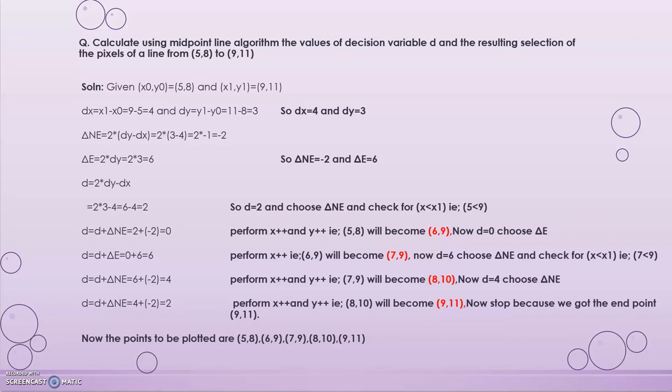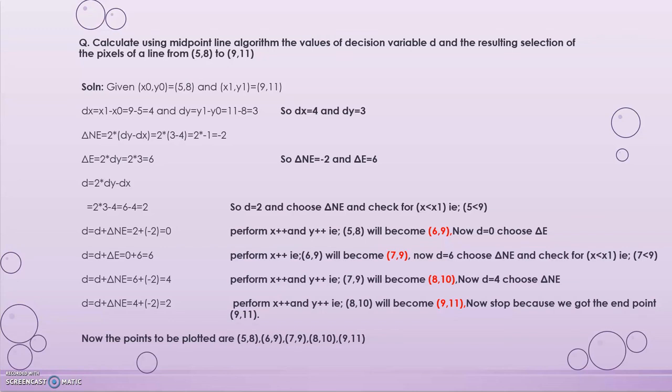So the solution is we have given x0, y0, that is 5, 8 and x1, y1 as 9, 11. First we'll find out delta x, that is x1 minus x0, that is 9 minus 5, which gives the answer 4, and delta y as y1 minus y0, that is 11 minus 8, we get the value as 3.